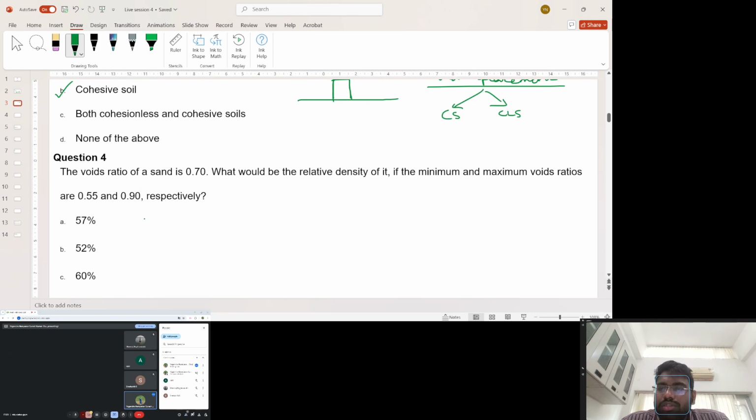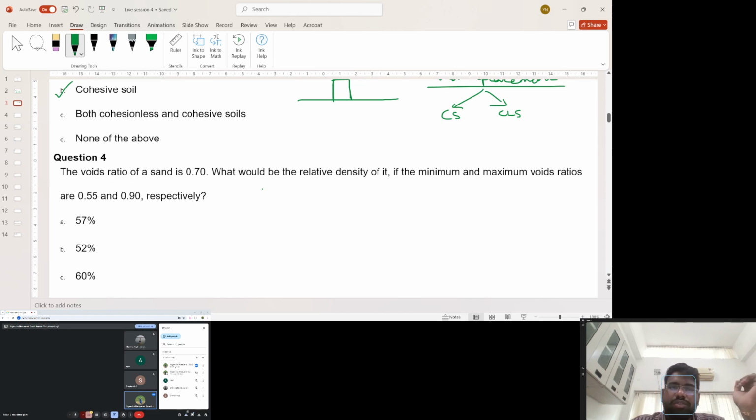The void ratio of a sand is 0.7. What would be the relative density of it if the minimum and maximum void ratios are 0.55 and 0.90 respectively? The void ratio of a particular sand is 0.70 at a particular condition.